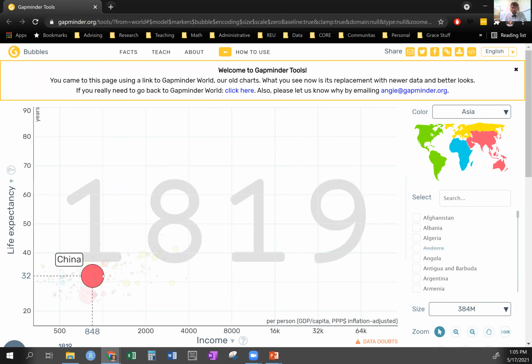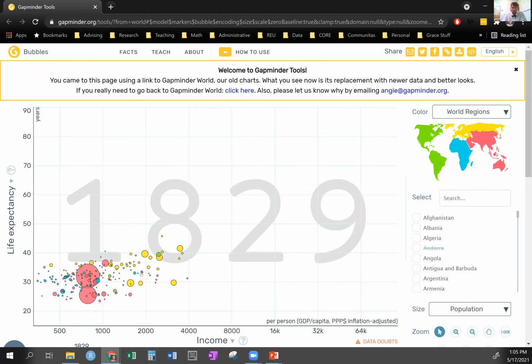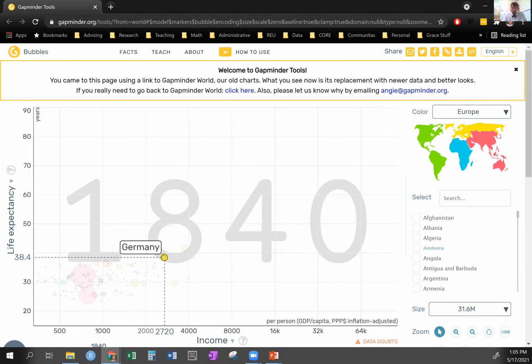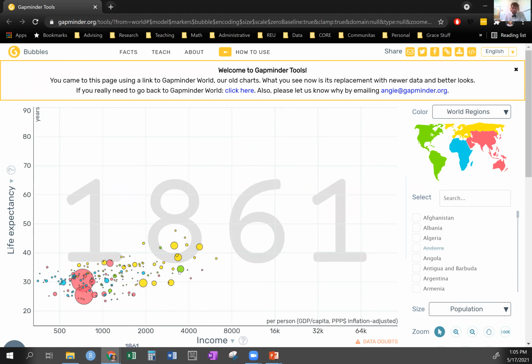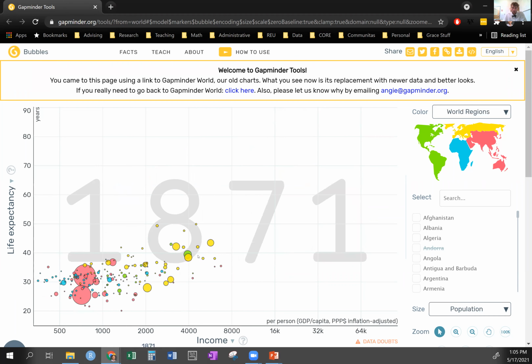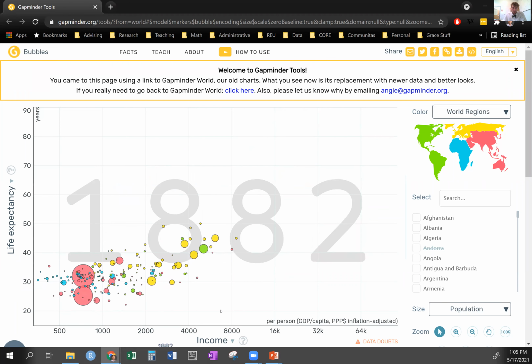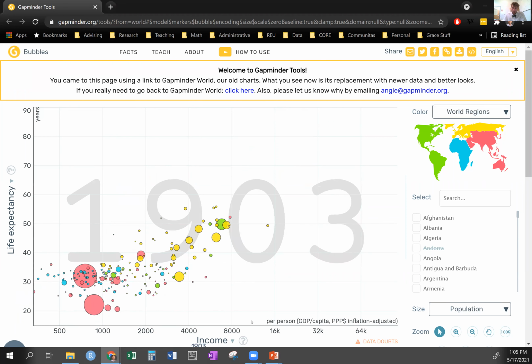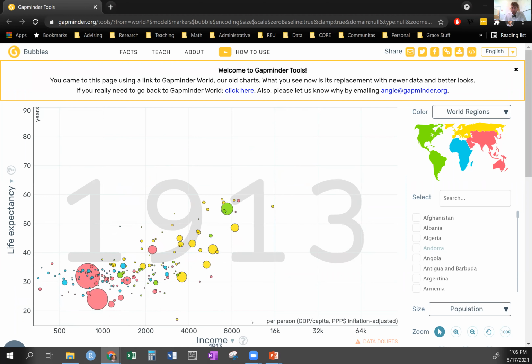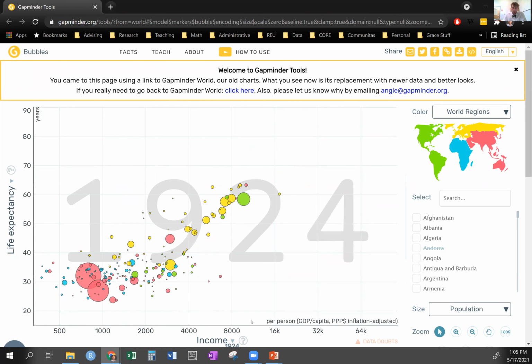And then as the years go by, we've got Europe and Northern Asia with the yellow, Middle East and Southeast Asia with red.